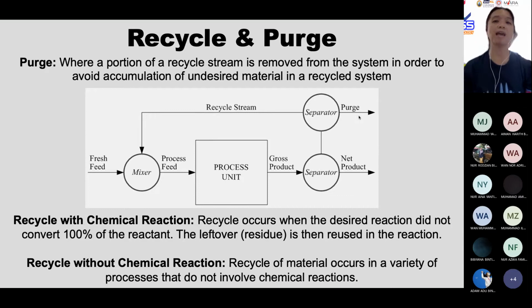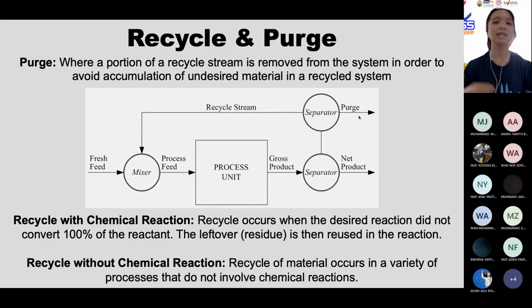Okay, sometimes may happen in the case where you might have inert in your system. Usually, I'll give the most common example. If you're using reactions with oxygen gas, but you don't use pure oxygen, you use air. When you use air, you know there is nitrogen. So nitrogen will be the inert in your process.